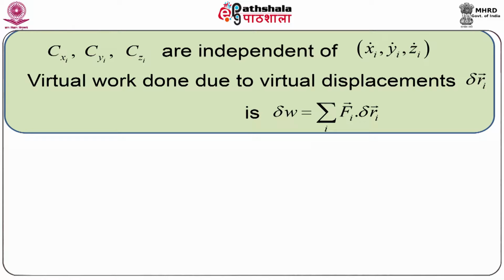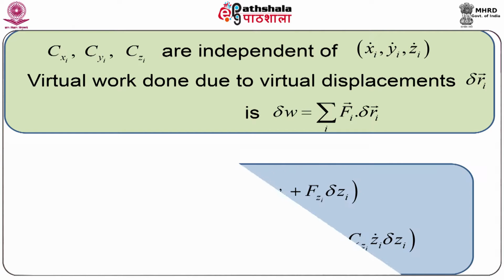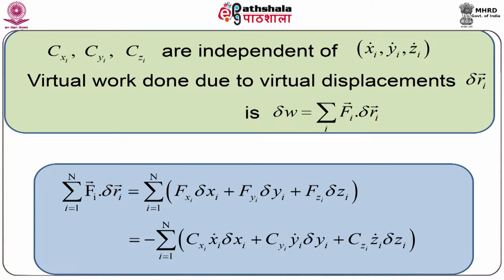Here the proportionality constants Cxi, Cyi, Czi are independent of velocity components xi dot, yi dot and zi dot. The virtual work done due to virtual displacements delta Ri vector is given by delta W, which is the sum of Fi vector dot delta Ri vector. Here dot means we are considering the scalar product of two vector quantities, which are the force vector Fi and the displacement vector delta Ri.